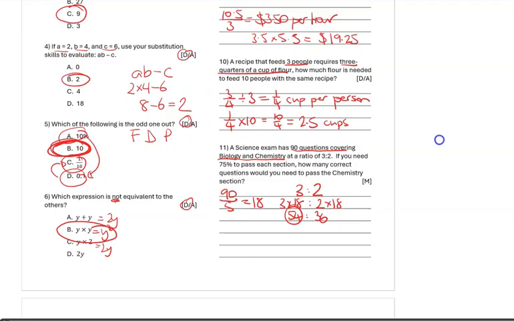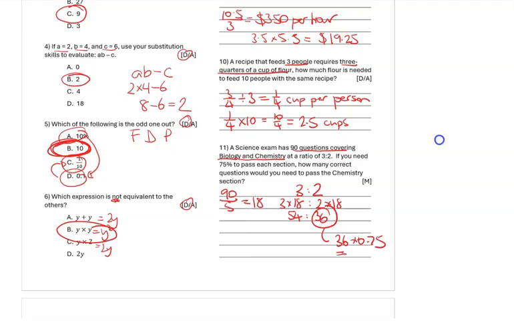There's 54 biology questions and 36 chemistry questions. And the chemistry ones are the questions we're looking at. So if you need 75% to pass this chemistry section, we're going to multiply 36 times 0.75, which is the decimal value of 75%, and that gives 27. Because it's a merit question, let's put that in context.